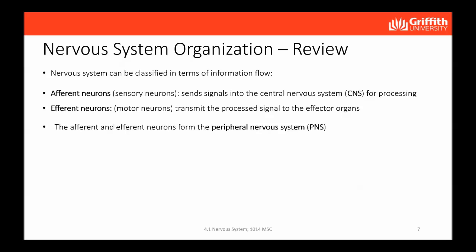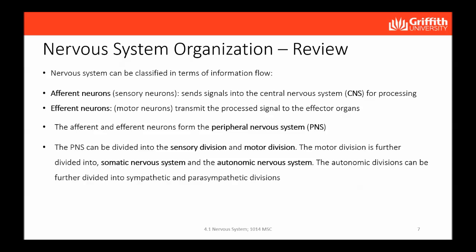The afferent and efferent neurons form the peripheral nervous system. The PNS can be divided into the sensory division and the motor division. The motor division is further divided into the somatic nervous system and the autonomic nervous system. And the autonomic nervous system is further separated into the sympathetic and parasympathetic divisions.